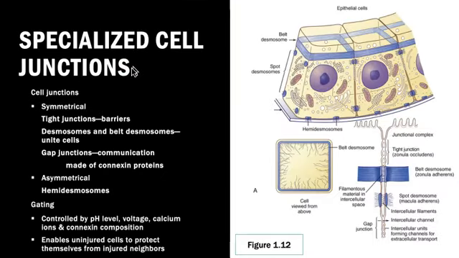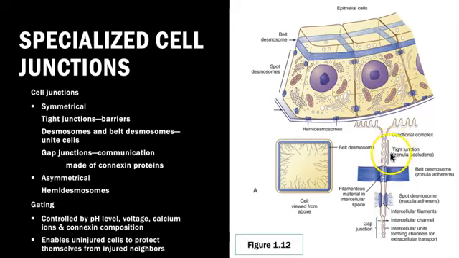Okay, and here is probably what you hopefully thought of when I said cell junctions. These are our specialized cell junctions, and we can classify them as symmetrical or asymmetrical. So first up are the tight junctions, and we see that illustrated over here. These are the tightest junctions that we could have.